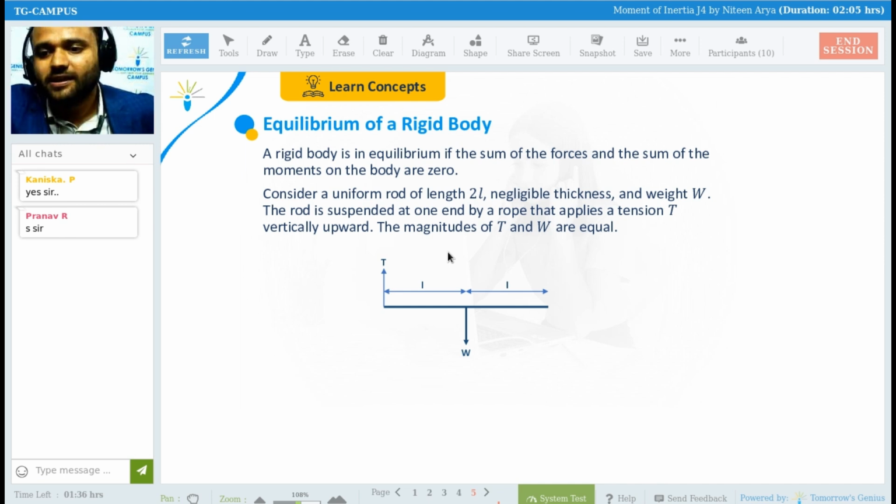We have a point where the net total torque is going to be zero. In the same sense, we have this for linear, translational motion also. For that we have three equilibrium points.